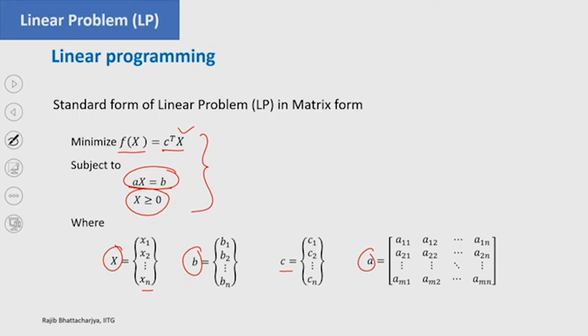This matrix can be written as a11, a12, up to a1n, then a21, a22, up to a2n, and we have a total of m constraints, therefore am1, am2, up to amn. So, I can write a linear problem in this matrix form, or otherwise I can also write it in algebraic form.